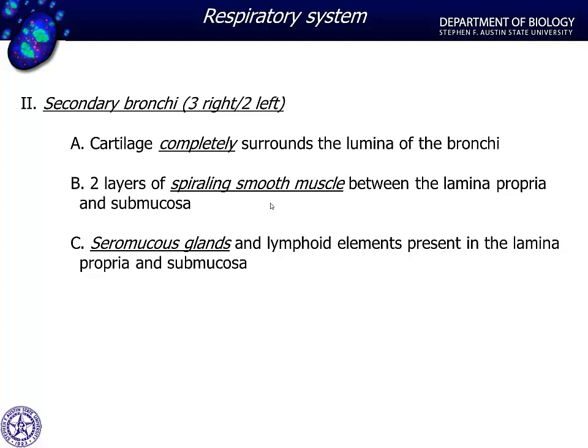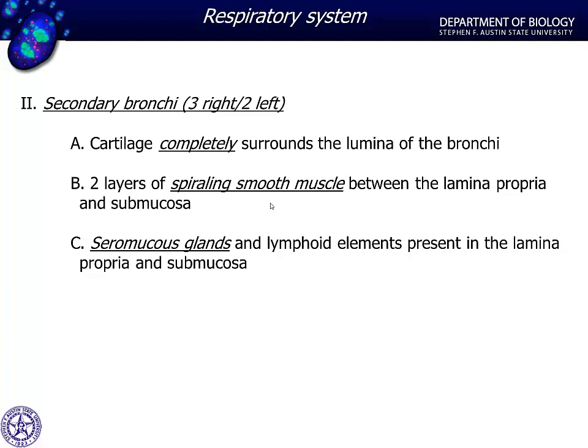Now, the secondary bronchi, when we look at these, the primary bronchi histologically are going to look fairly similar to our trachea. When we get to the secondary bronchi, we're still going to have the cartilaginous rings. They're going to completely surround the lumen of the bronchi. We're going to have 2 layers now of smooth muscle, and these are spiraling smooth muscle. We kind of saw that in the illustration early in our slide.